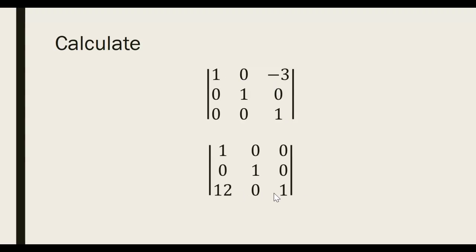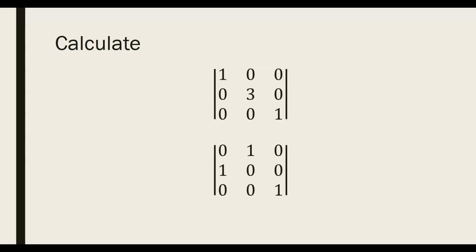This matrix would replace row 3 with 12 times row 1 plus row 3. So these are the row replacement operations.